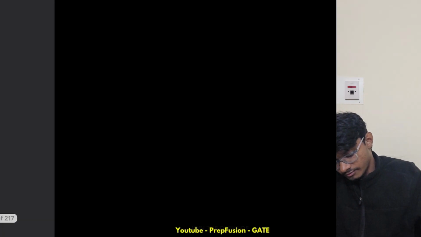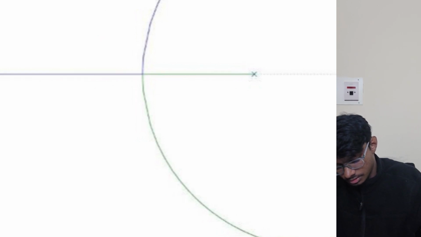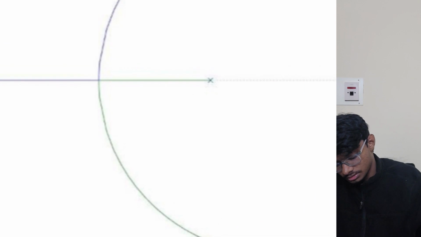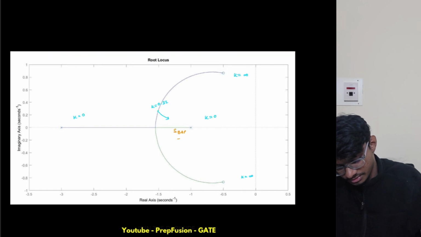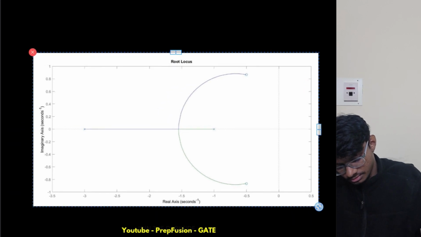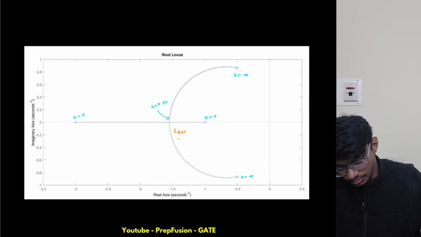What is the breakaway point basically here? What was it? I forgot actually. Now it's fine.